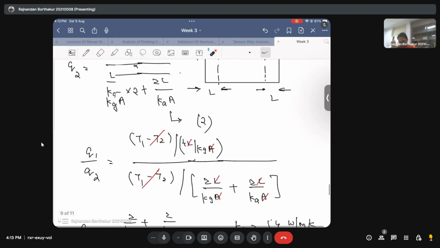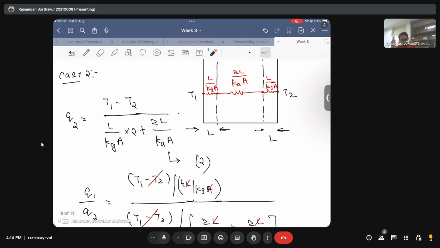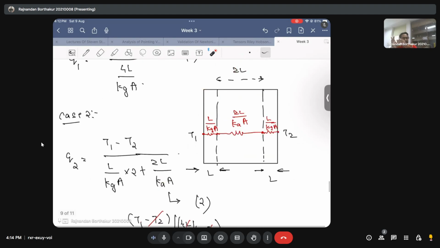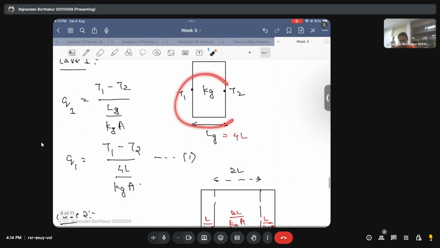Okay, that means in the second configuration, in which there are two glass panes of individual length L instead of a single glass pane of length 4L, and there is air in between these two glass panes, the heat loss from the body of the aircraft to the ambient air is going to be very much less than the heat loss in the otherwise scenario where there is just a single glass pane.